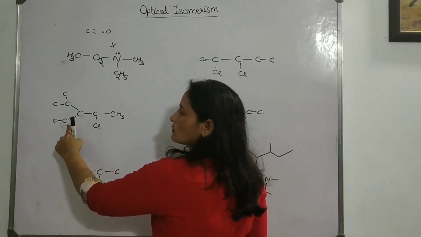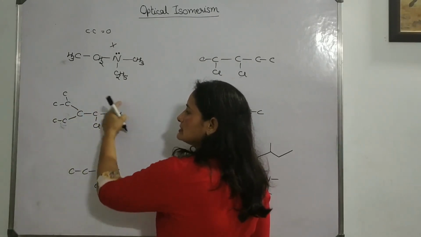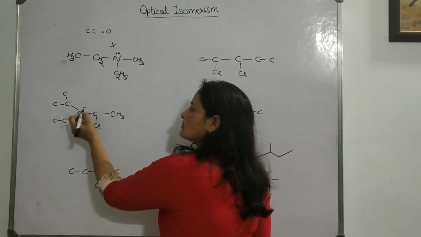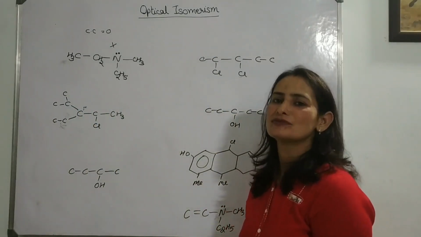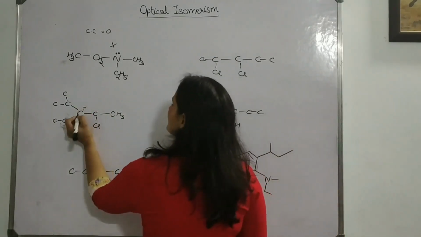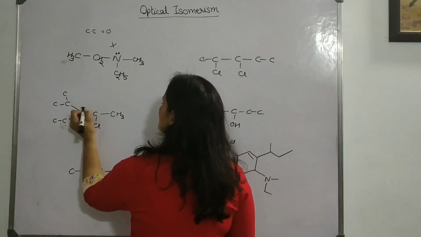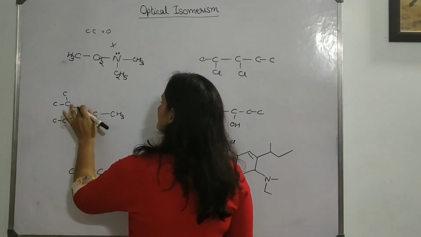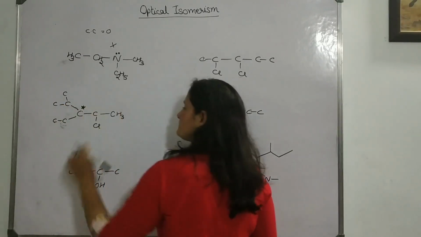It is having 1 ethyl, 1 isopropyl, one side this group, and the fourth bond is hydrogen. So is it chiral or not? Yes, it's going to be chiral in nature. So we are going to put a star because this is the representation for the chiral center in the compound. If a star is given, that means it is chiral.